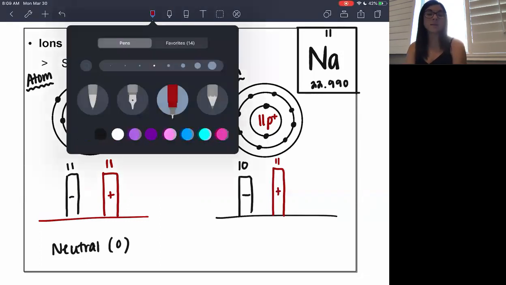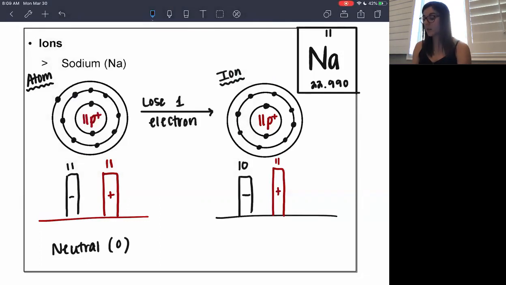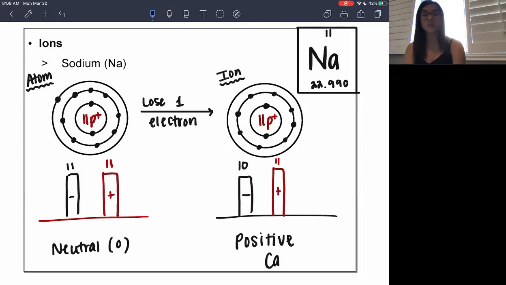Now, 11 positives and 10 negatives is going to produce an overall positive charge. We call ions that have an overall positive charge cations. So an ion of sodium is going to be a positive ion or a cation.